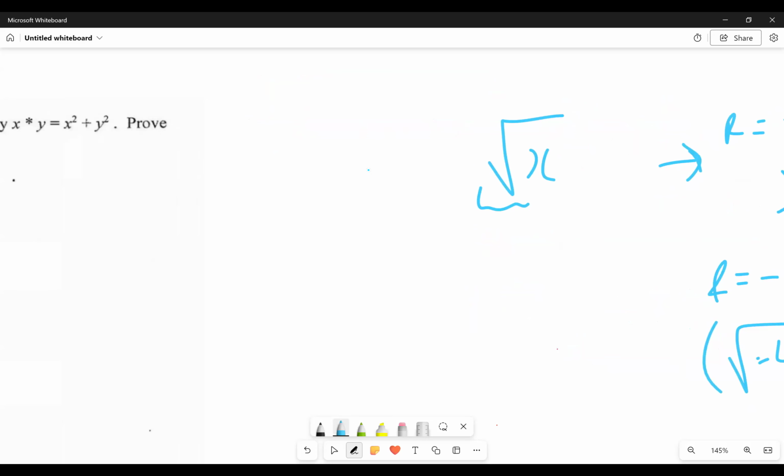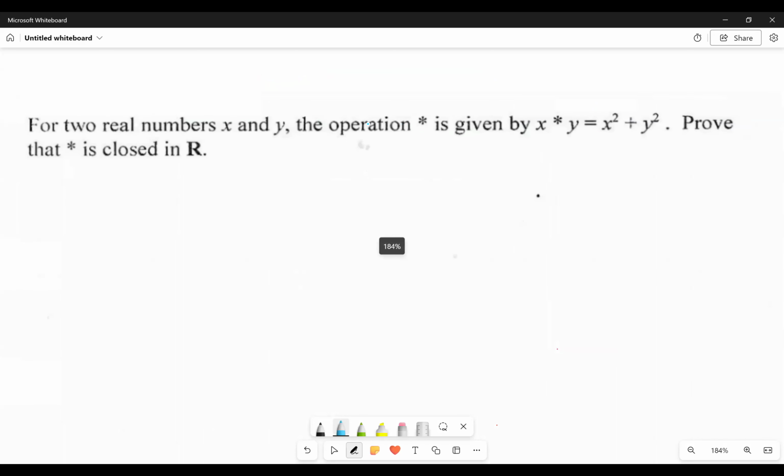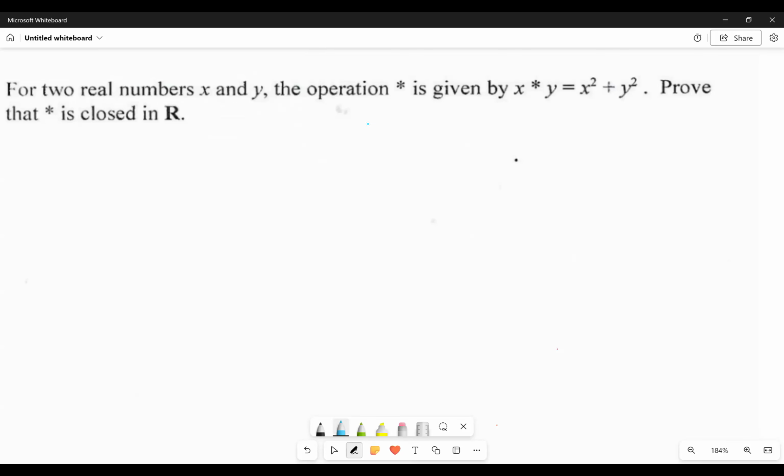Okay? So now in this case, we have a new operator called star. When I use star on two numbers, prove to me that if I enter two real numbers, I will always get a real number back. I won't get any imaginary numbers. So there are two ways to prove it.